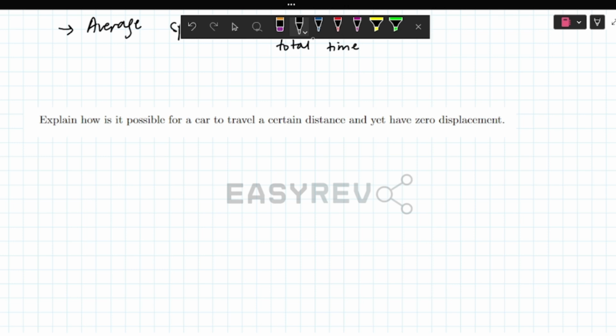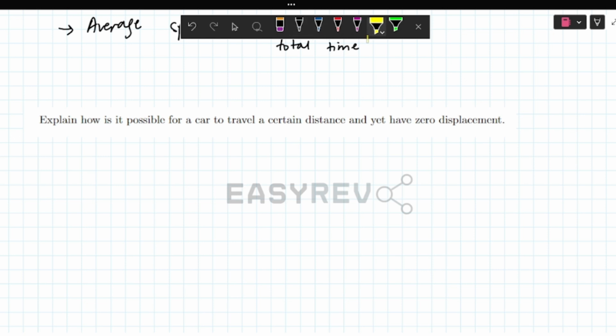And that theory question goes as follows. Explain how it is possible for a car to travel a certain distance and yet have zero displacement. Now, this is a very specific question if you think about it. It seems quite simple, but it is a little bit tricky.